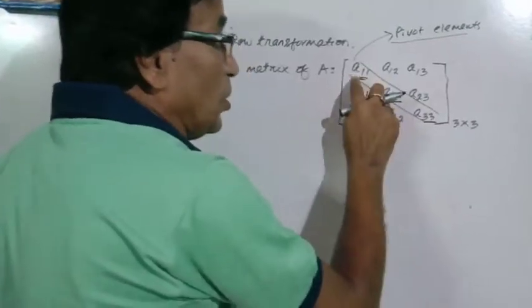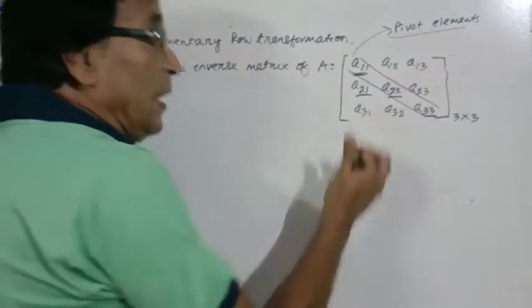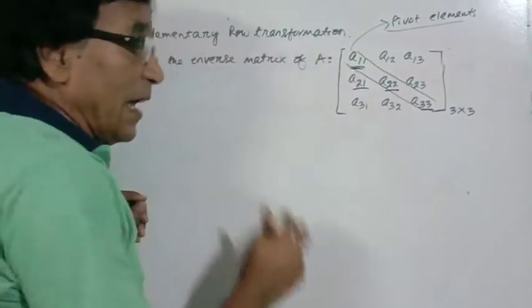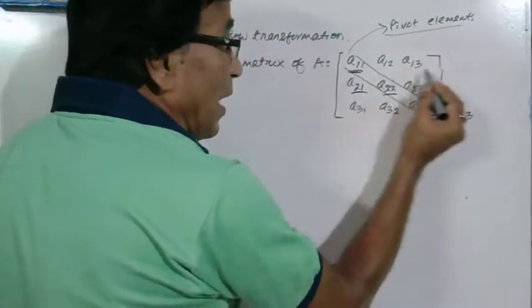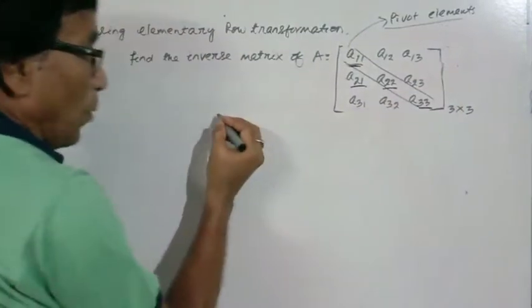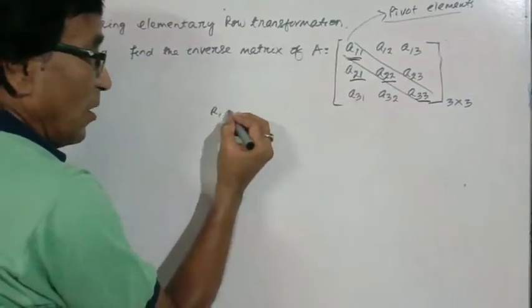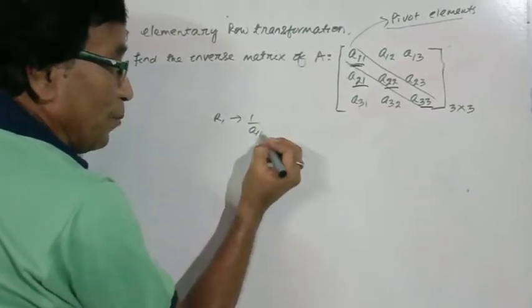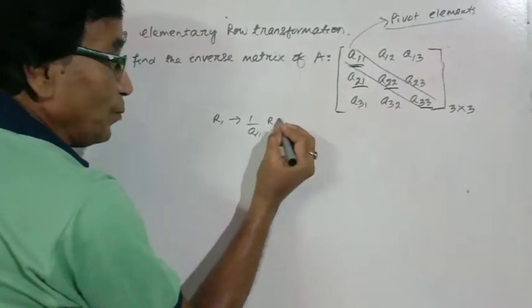So first your duty is to see whether the pivot element A11 is non-zero or not. If it is non-zero, then you multiply the elements of the first row by 1 by A11.